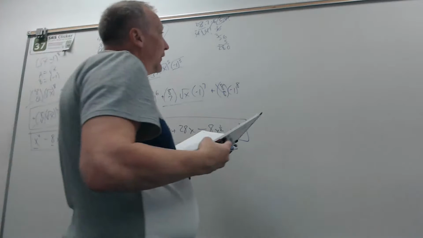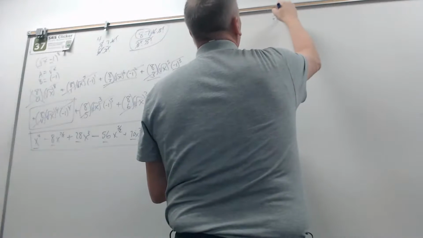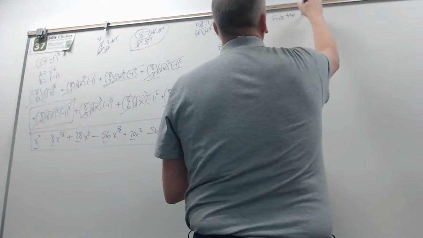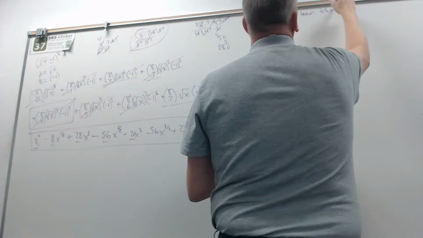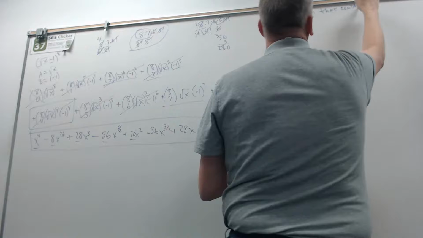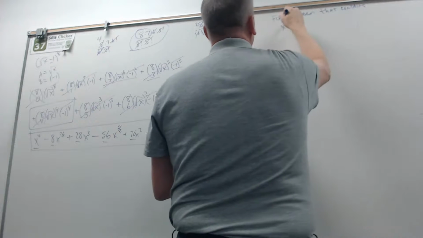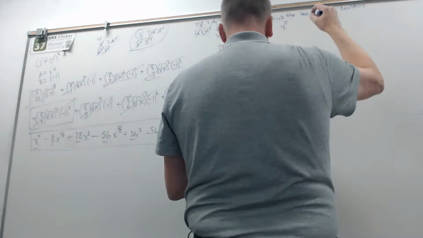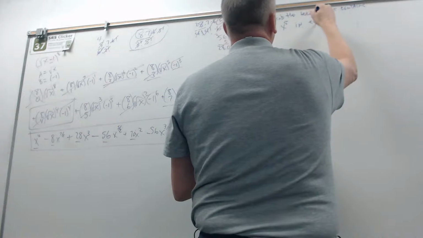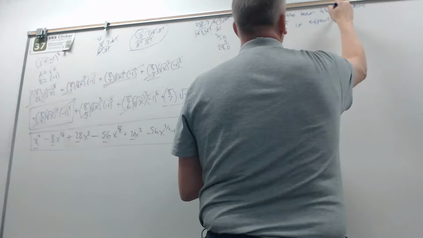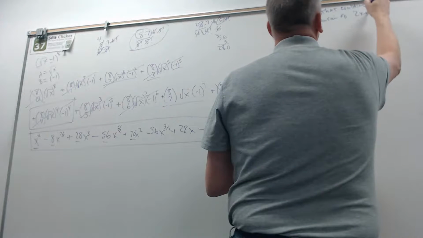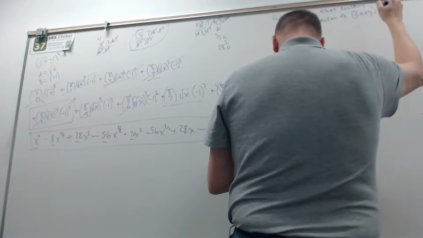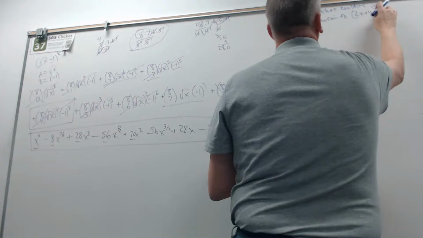What if I said find the term that contains x to the 5th in the expansion of 2x plus y to the 20th power.